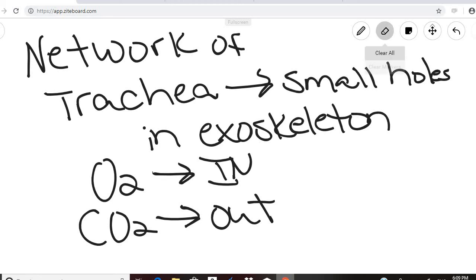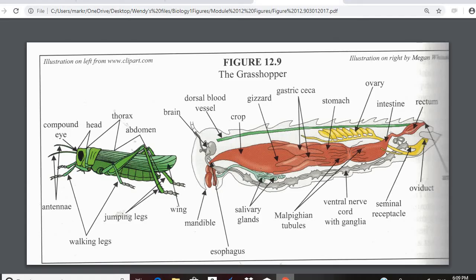Another structure that they have that we'll see in this figure is the Malpighian tubules. We see them down here along the bottom.